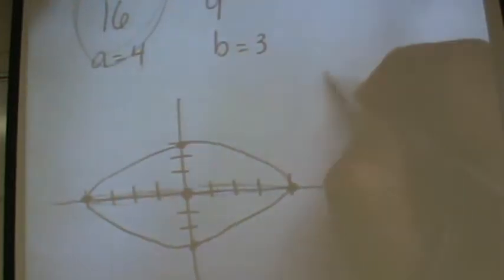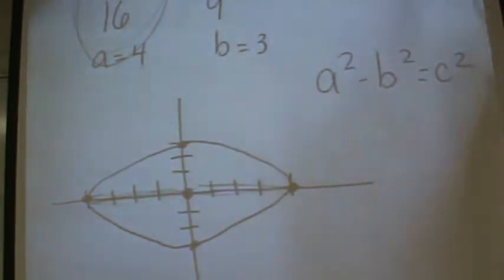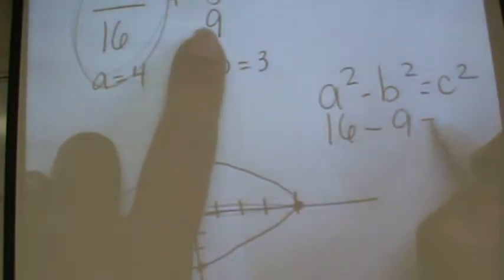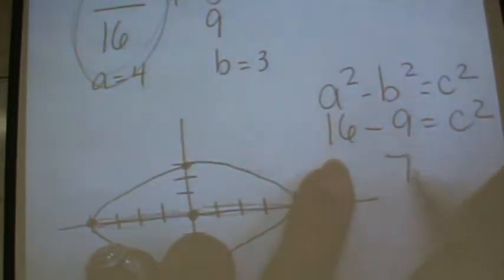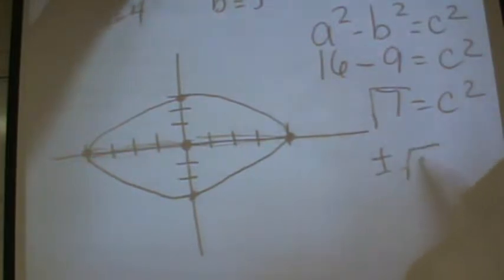Now, your fixed points always lie somewhere on your major axis. It's going to be somewhere in line here. How do you find it? You use this formula, A squared minus B squared equals C squared. So you take the bigger number, 16, minus 9, what do you get here? 7. And then it's plus or minus square root of 7 units from here.